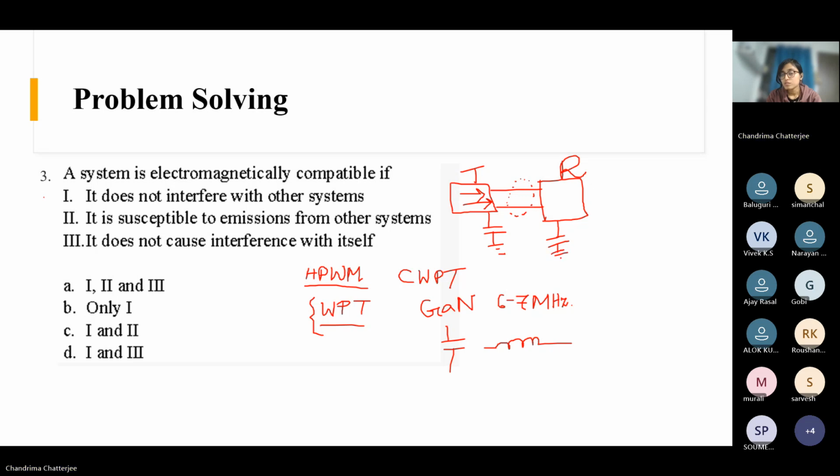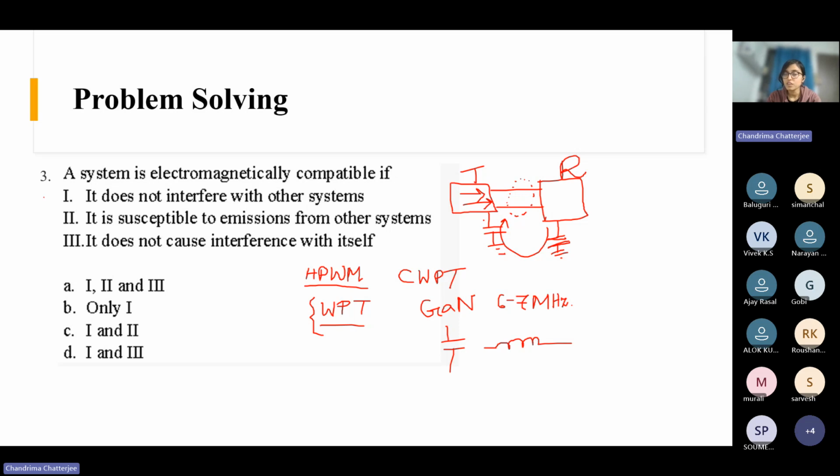One way to reduce this interference is to make this path very inefficient. Every electrical signal needs some closed path. From the path where these signals will flow, you will have to make them so inefficient that even though there is some form of interference, it is very weak and can't affect the operation of your system.